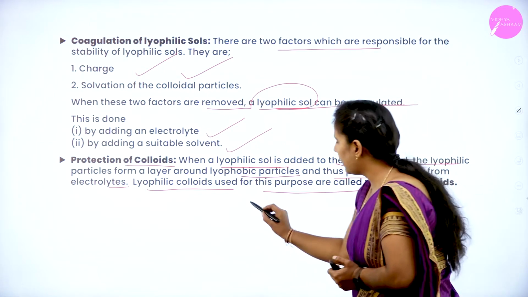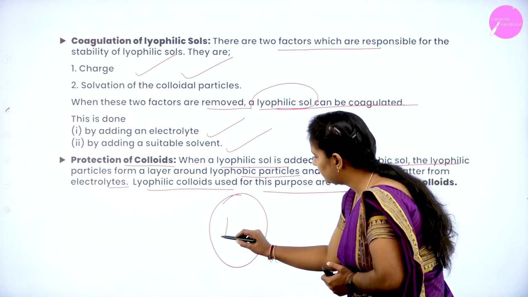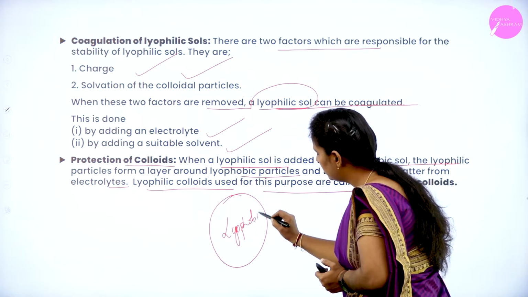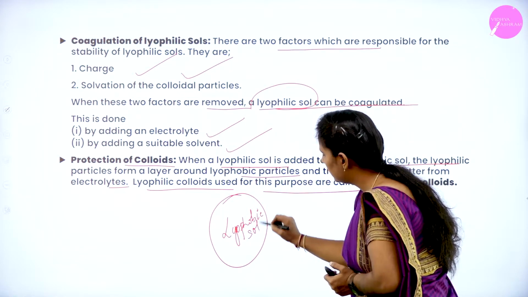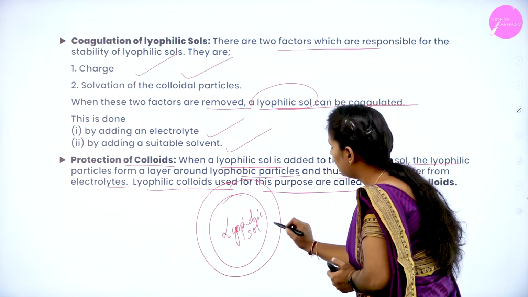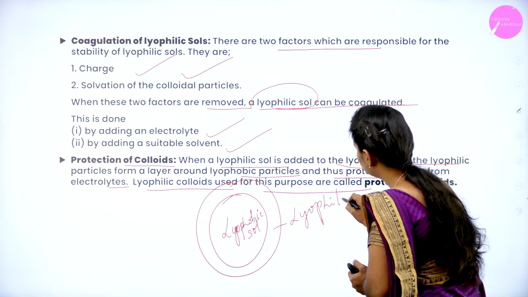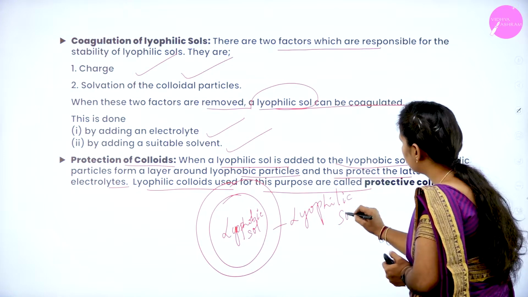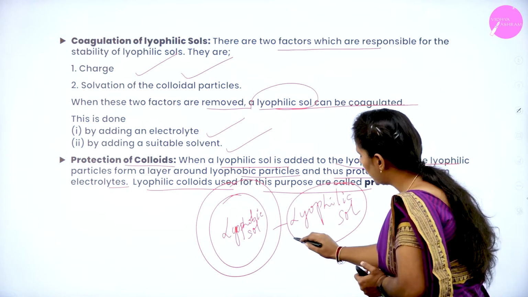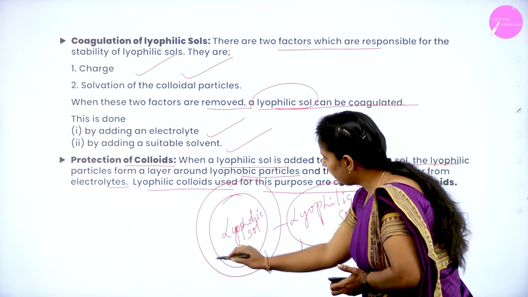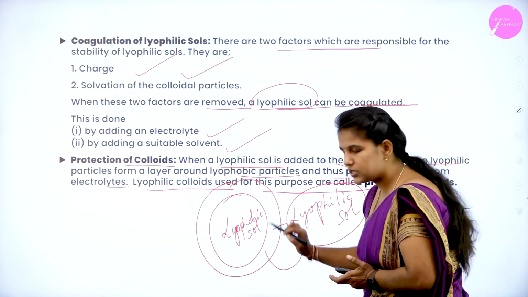So, if you have a lyophobic colloid, and to this you add the lyophilic colloid, this lyophilic colloid forms an outer layer, a protective layer, around the lyophobic colloid.